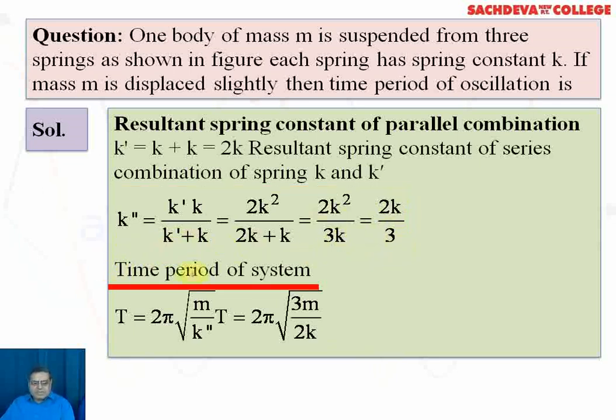Time period of the system T is equal to 2 pi under root m over K double dash. K double dash we have already calculated, and that is 2K over 3. So the time period is T is equal to 2 pi under root 3m over 2K.